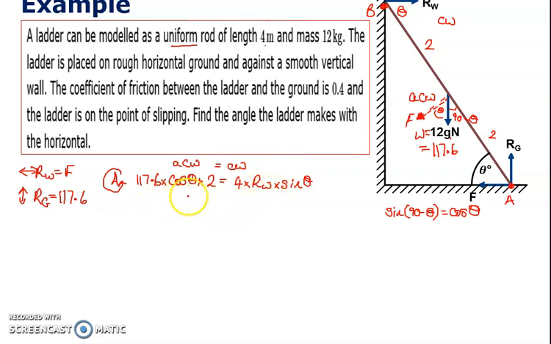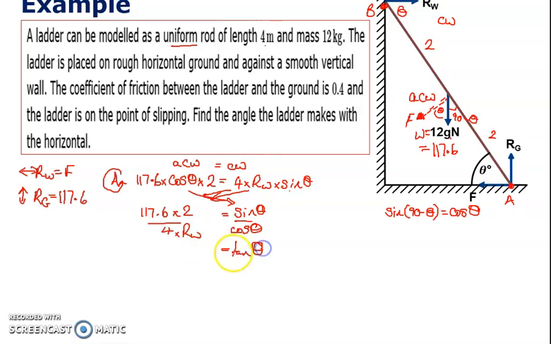So given all of that, you'll notice I've got sine and cos, and now cos can move over that way, which will give me sine theta over cos theta. The one thing I still haven't got, I'm just going to write this here, 117.6, cos is gone, times by 2, divided by 4, and also divided by this RW. So if I move these over, I don't yet know what RW is, and I've got this complication of sine over cos. Well, sine over cos is easy, that's tan theta, that's eventually what I'm going to use.